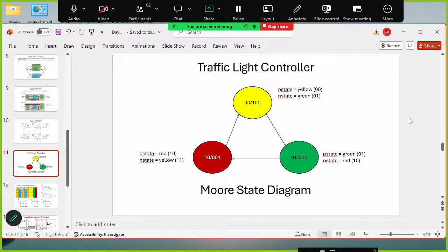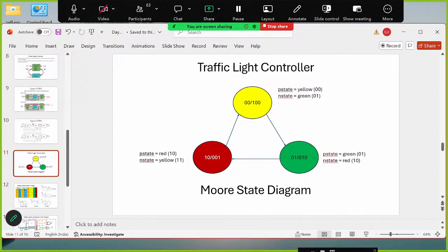I will demonstrate this example using the Moore machine as well as the Mealy finite state machine. Let's say this is a two-way traffic light controller example. I am assuming that only one traffic light is installed, having three lights, yellow, green, and red, as you can see in the diagram.